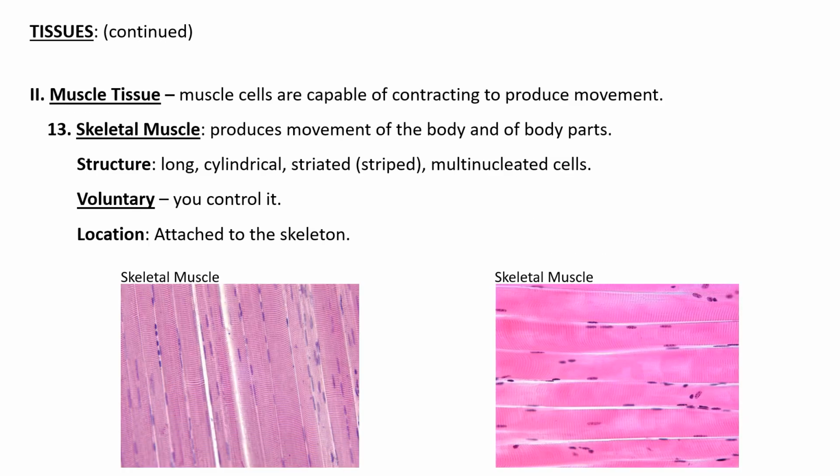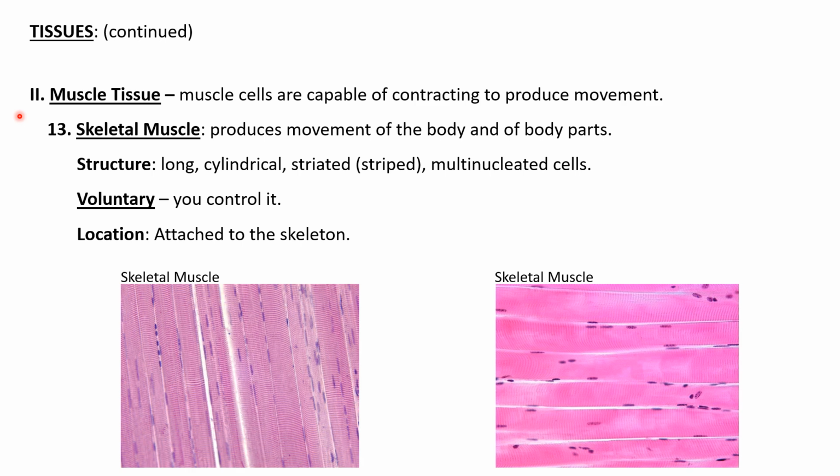Now muscle tissue, there's three kinds of muscle tissue, but muscle tissues are cells that are capable of contracting to produce movement. There's skeletal muscle, which by the way is attached to the skeleton. It's attached to the bones. Skeletal muscle produces movement of the body and body parts, so movements of the arms, the legs, all of that.